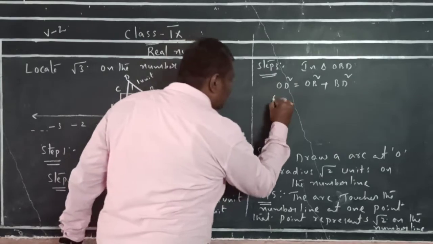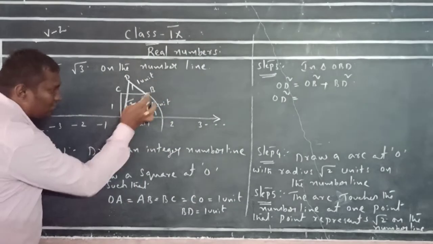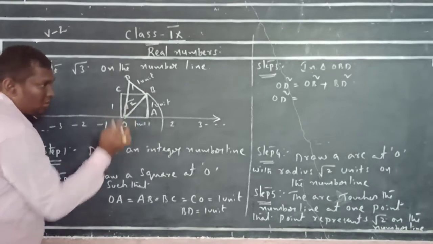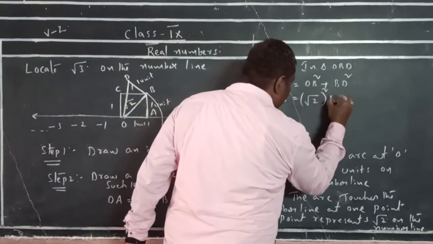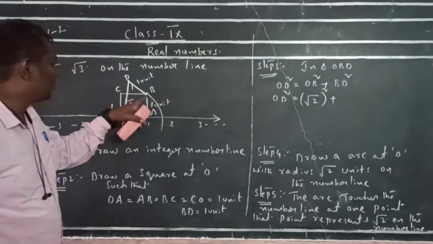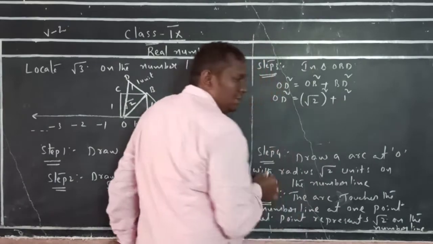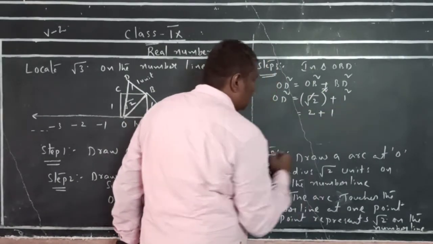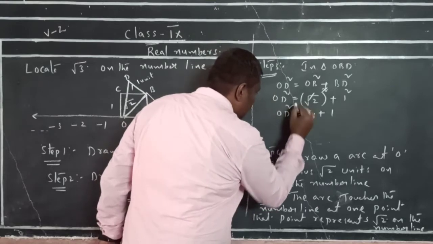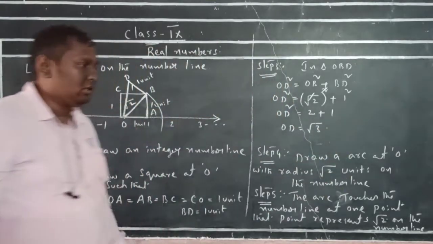OD square is equal to, what is the value of OB? OB value is root 2. Let's substitute here. BD value is 1. The square root cancels, so we get 2 plus 1. Here OD square is 3, so OD is root 3.